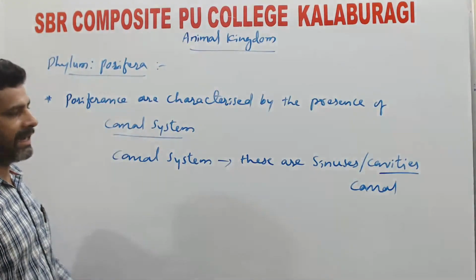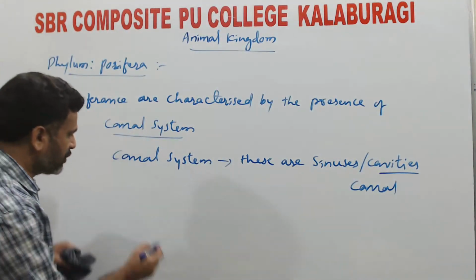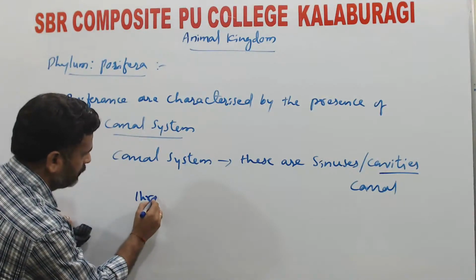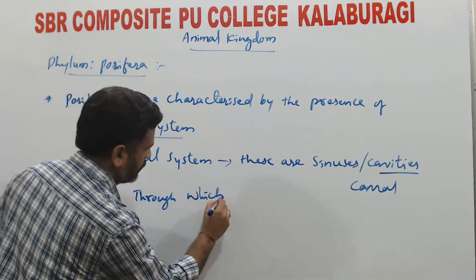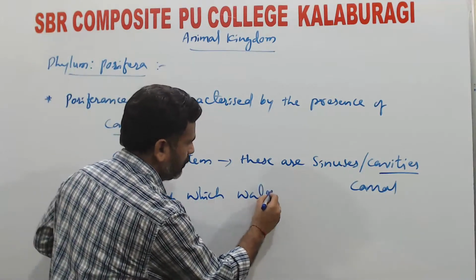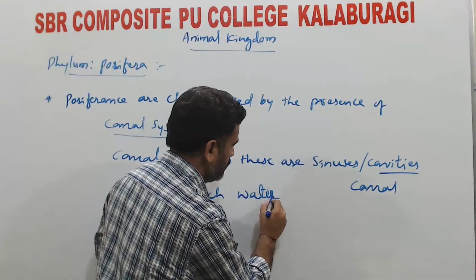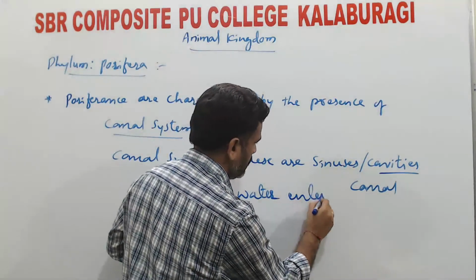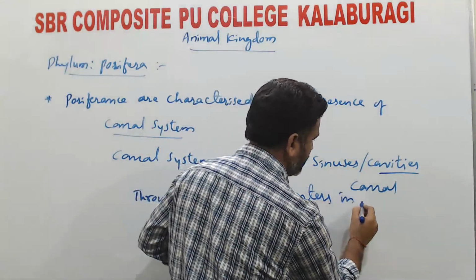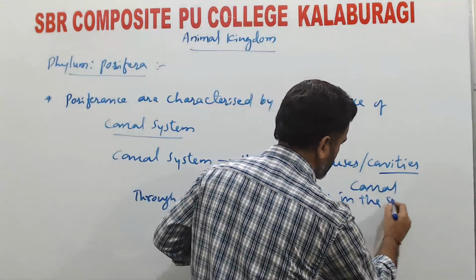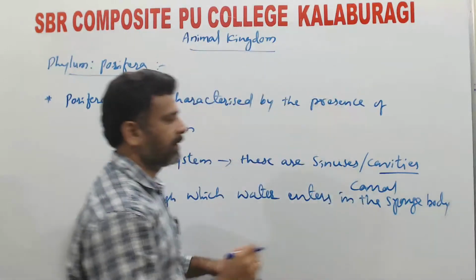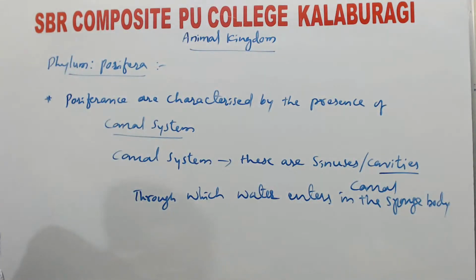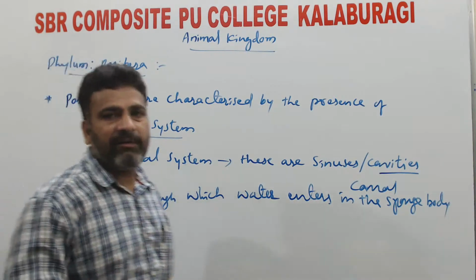Cavities or canals through which water enters into the sponge body. A series of canals we are going to observe.